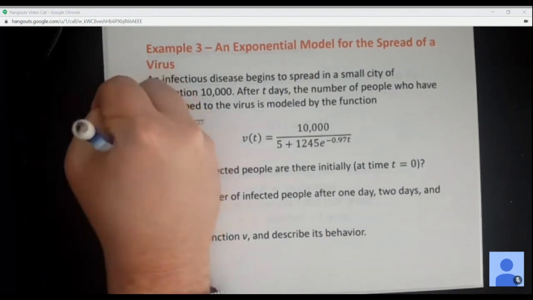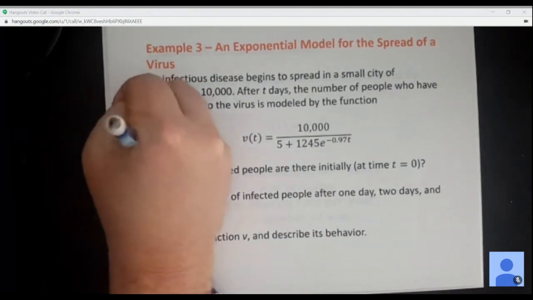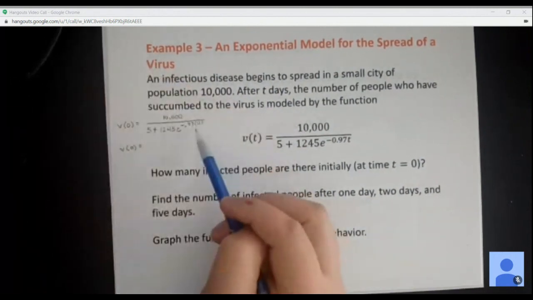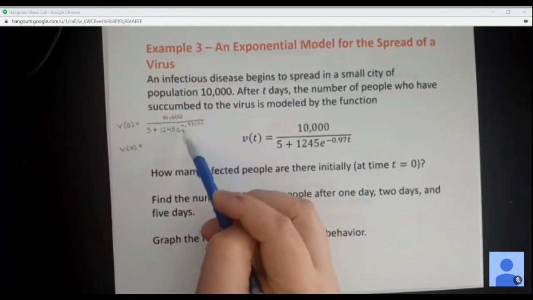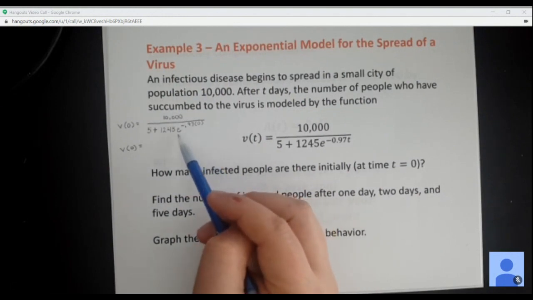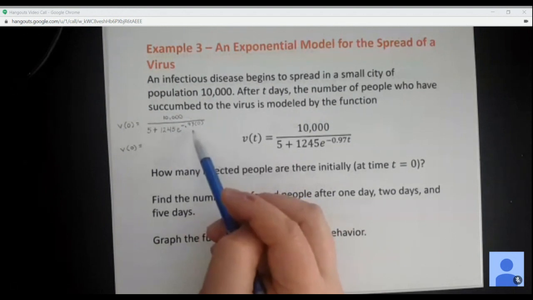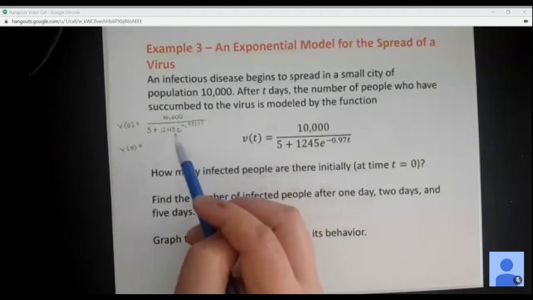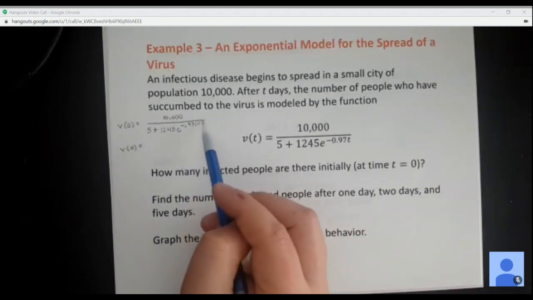Now this one I think we can probably do mostly by hand. So start with your exponent here. What's negative 0.97 times 0? 0, right? And what's e to the 0 power? Just 1, because anything to the 0 is always going to give you a 1. So now this whole thing here just becomes a 1.